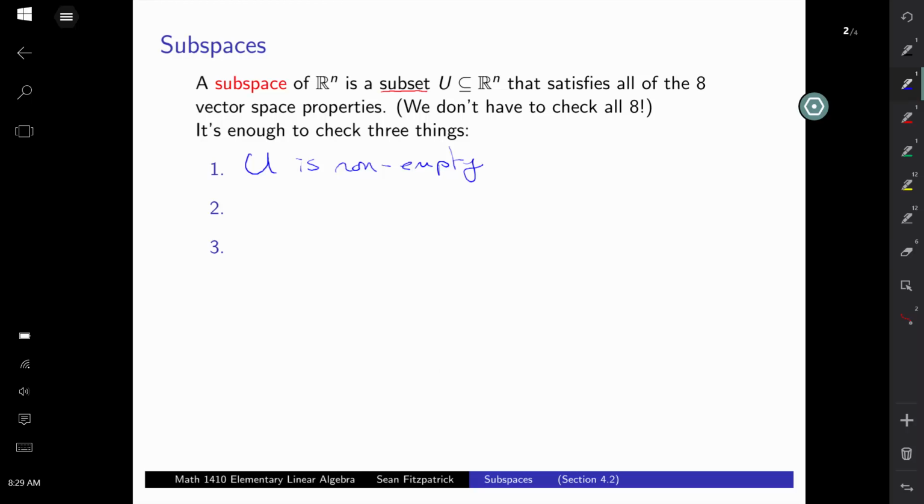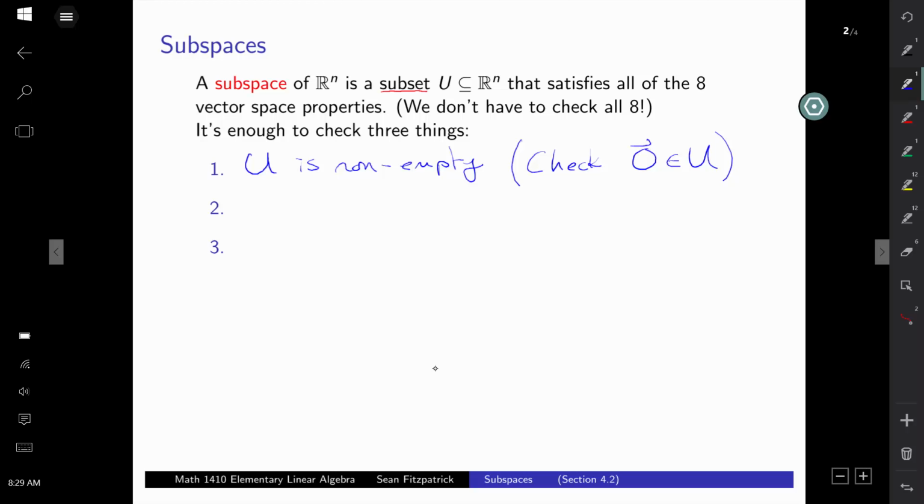And that means that it has to have at least one element. There has to be at least one vector in there. And usually what we do, because we know that every vector space needs to contain a 0 element, is we check that the 0 vector belongs to U. So if the 0 vector is in there, then we know that there's at least one vector in there, so it's not empty. And the 0 vector is a good one to check because it has to be in there.